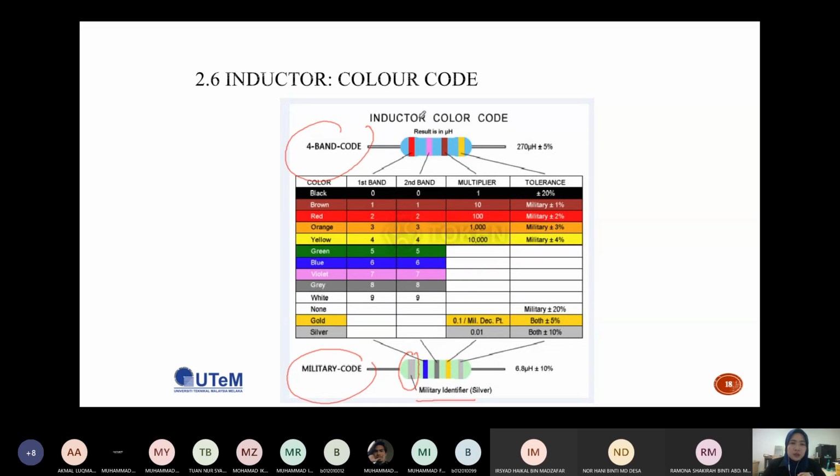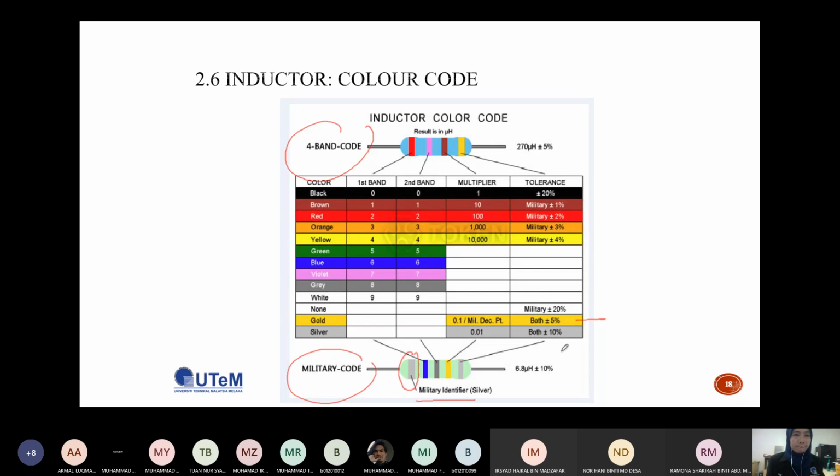If you look here, this is red, so red is 2, violet is 7, and this is brown, so you need to add a multiplier of 10. And the tolerance here is gold, so gold is plus or minus 5%.